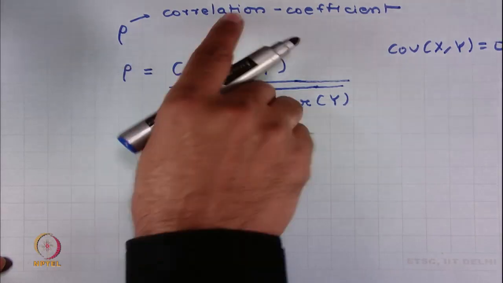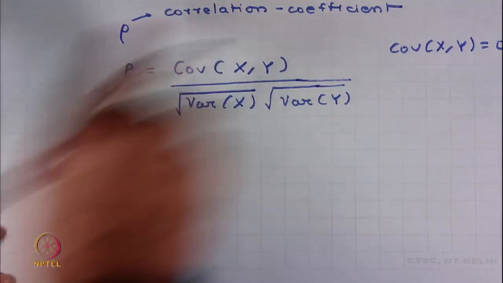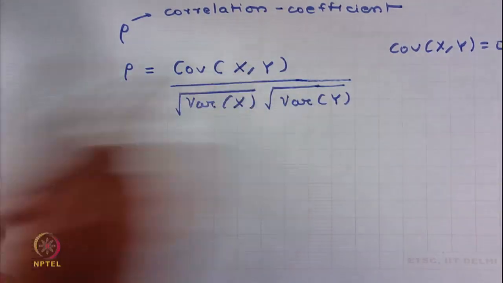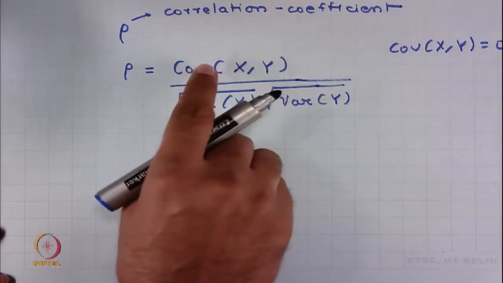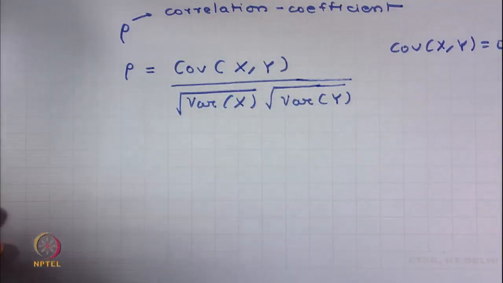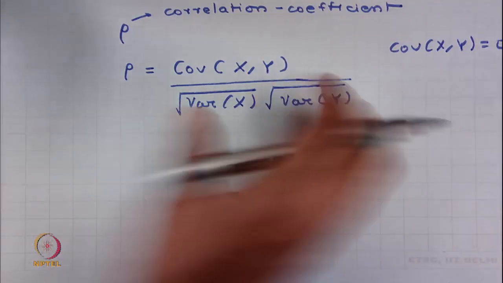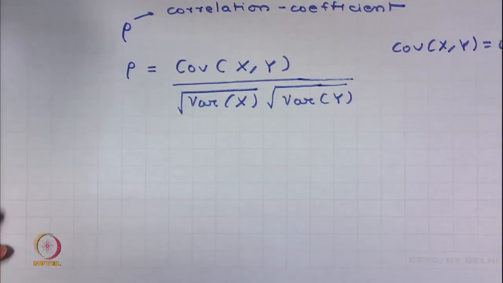Here also we are defining the correlation coefficient. So, it seems it should be in terms of correlation, but it is not. We are defining the correlation coefficient in terms of covariance. So, there is some inconsistency in the use of names of the quantities. So, let us see why this is such an interesting quantity.